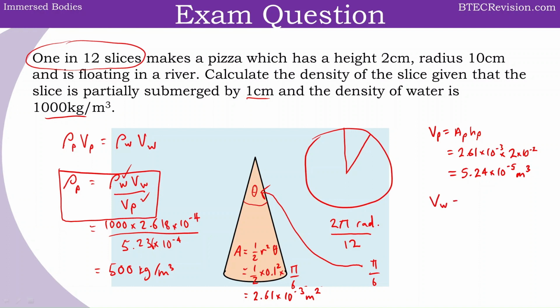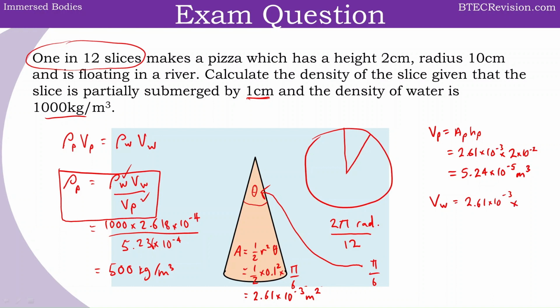The volume of the water is going to be equal to the area of the pizza, which is 2.61 times 10 to the power of minus 3. But it is half the height because it says it is partially submerged by 1 centimeter.